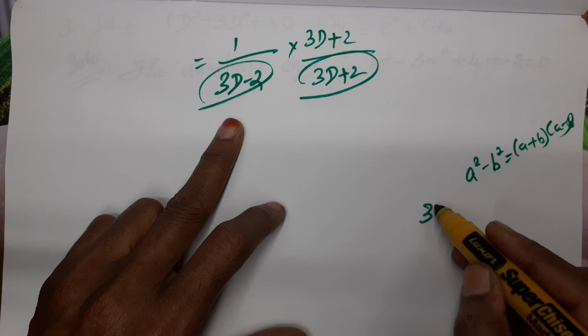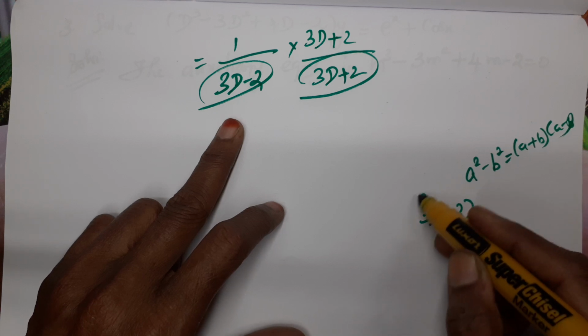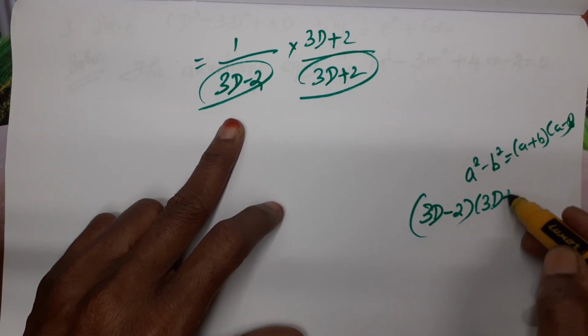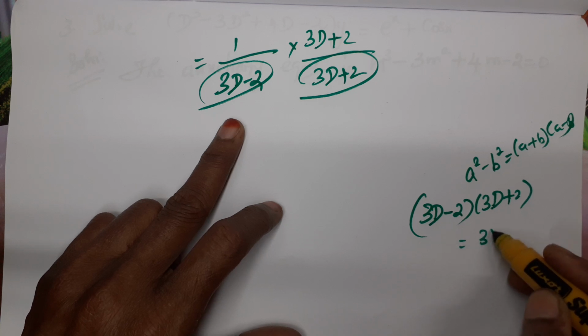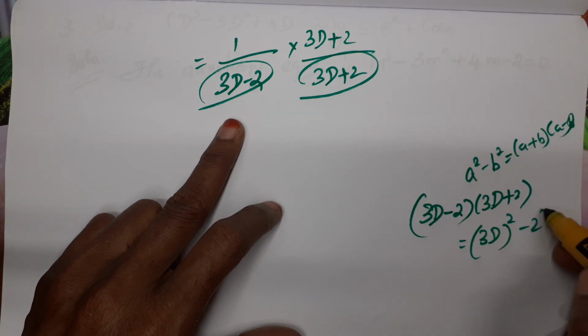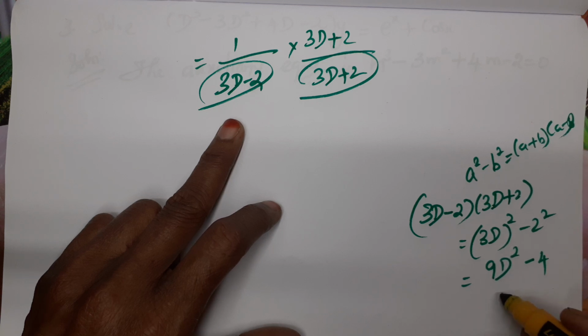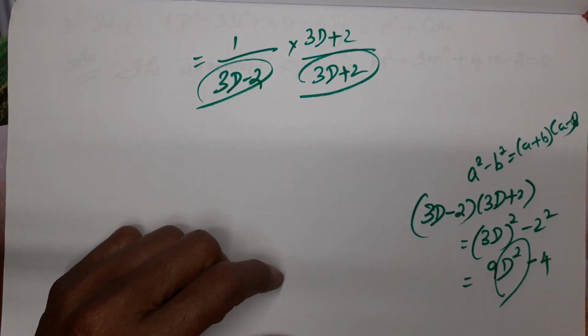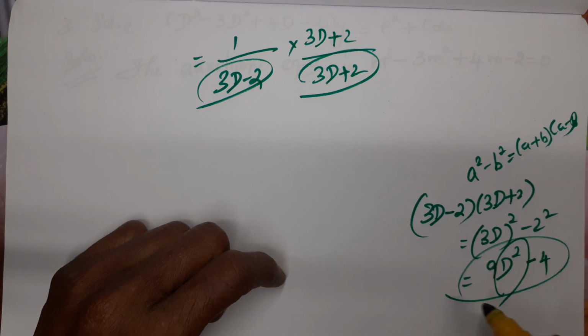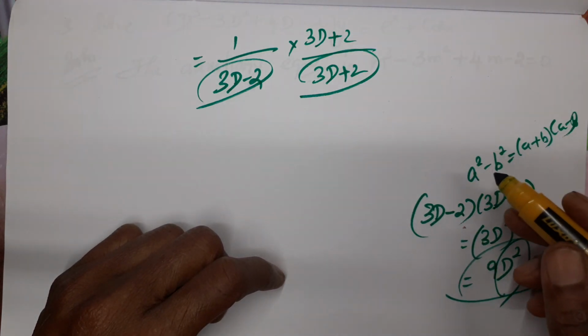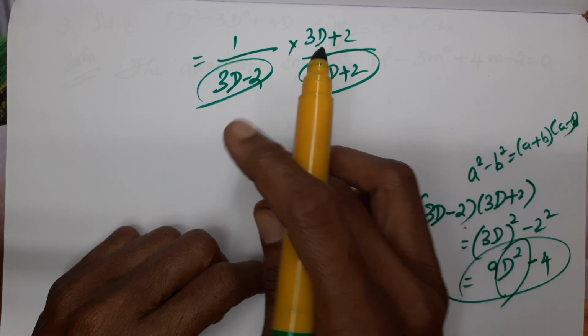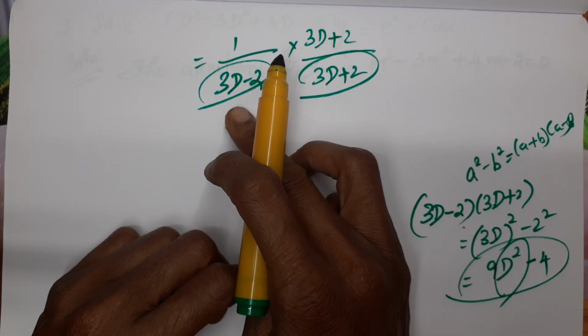We can combine this using the formula: (3D minus 2) into (3D plus 2) is equal to (3D)² minus 2², which is equal to 9D² minus 4. Now we are getting a term in terms of D². For this purpose only, we are multiplying and dividing by the conjugate of the given term.